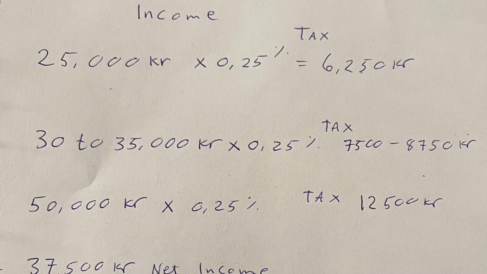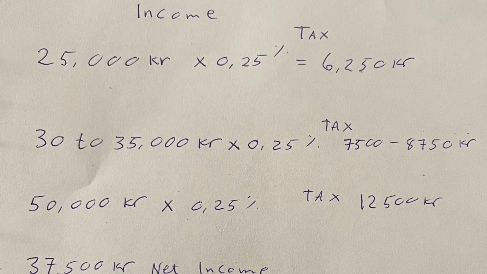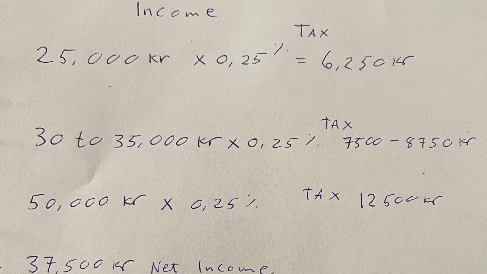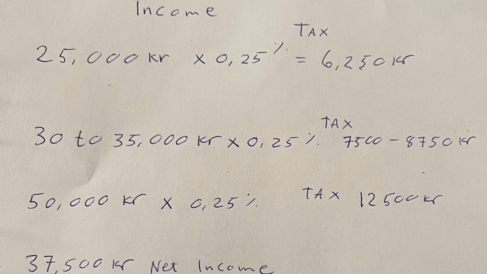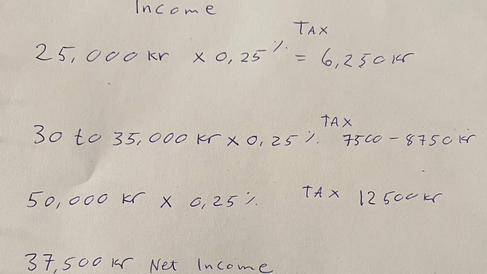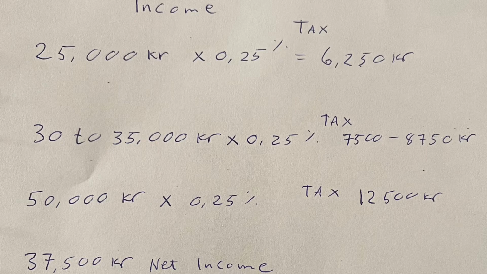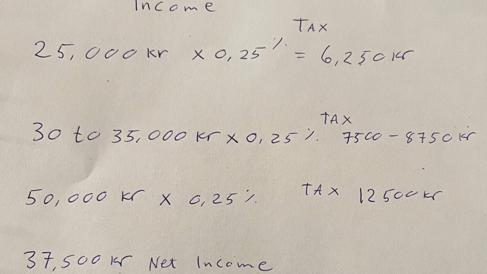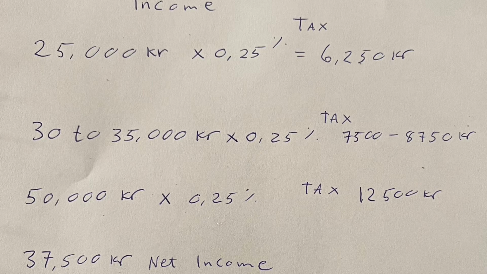So just keep that in mind. We have 50,000. You times that by 25%, you pay 12,500 kroners. You are left with 37,500 kroners, which is then your net income. Then I put, let's say, a house.